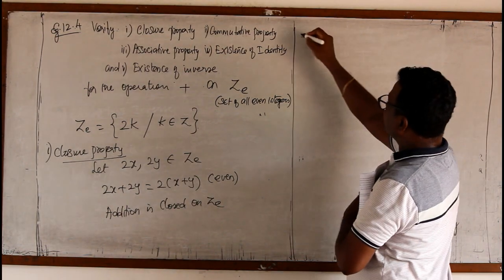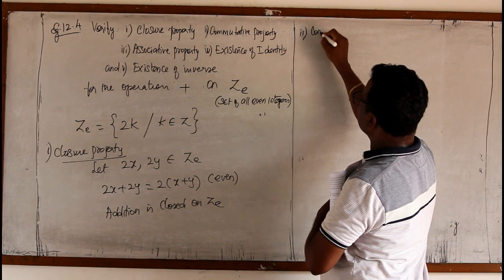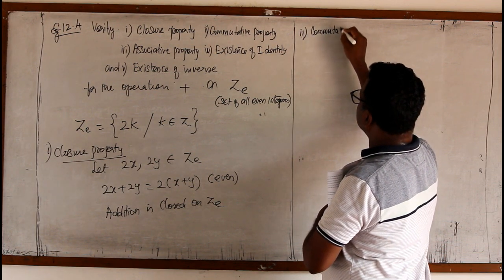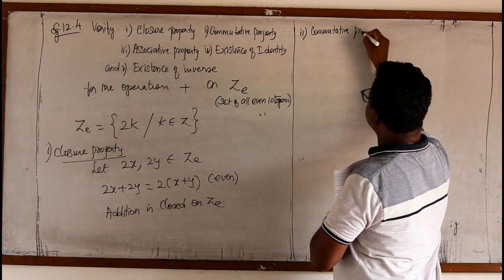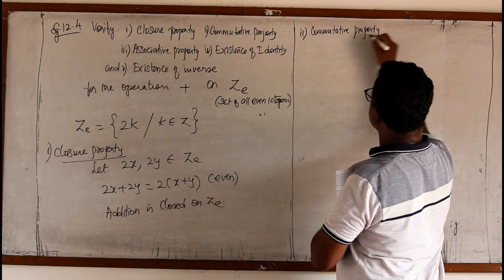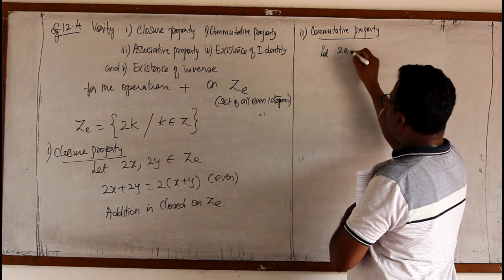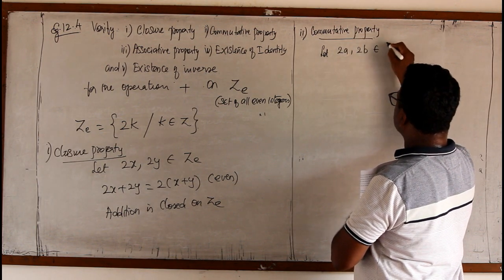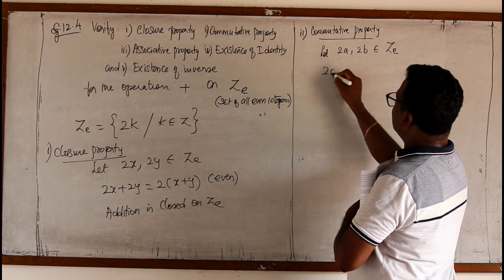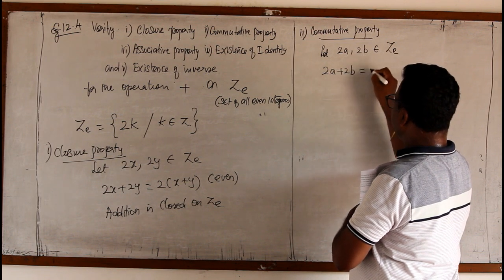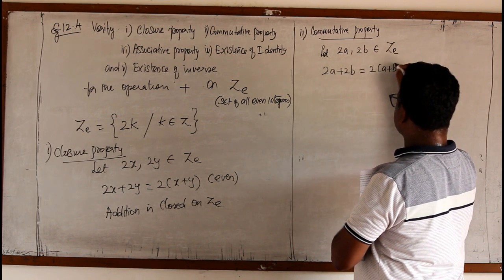We shall go for the commutative property. Let 2a, 2b belongs to ZE. 2a plus 2b equal to 2 into a plus b.